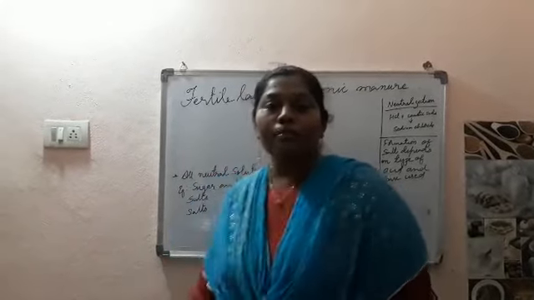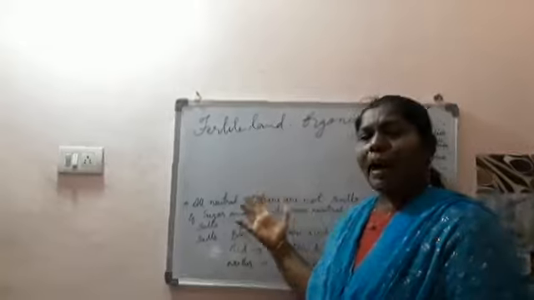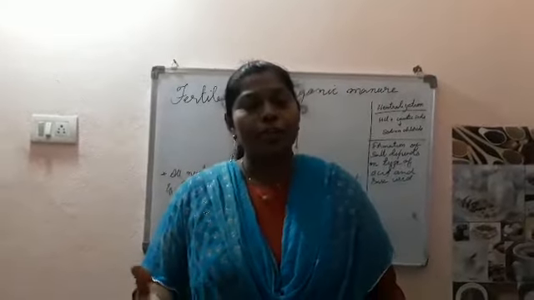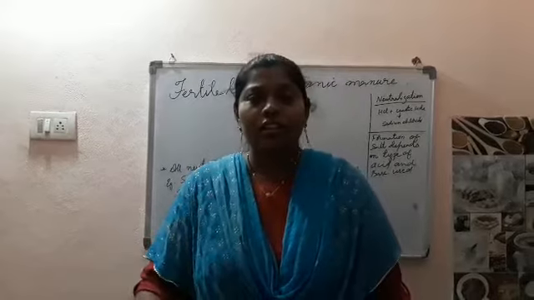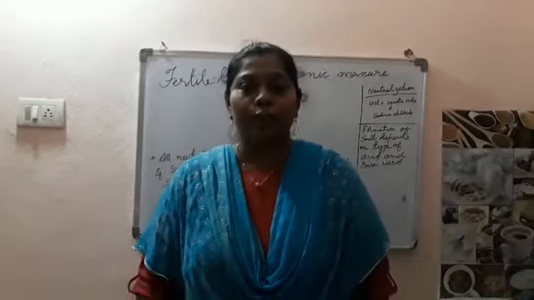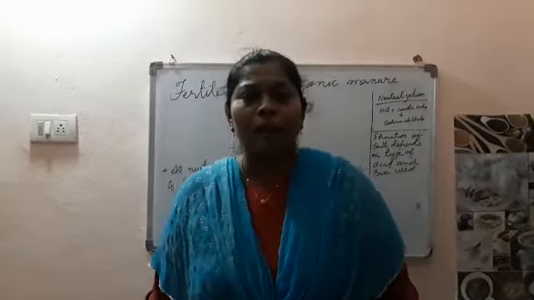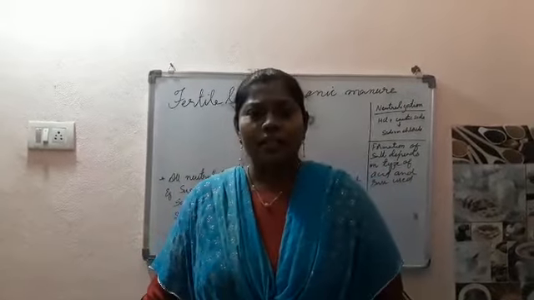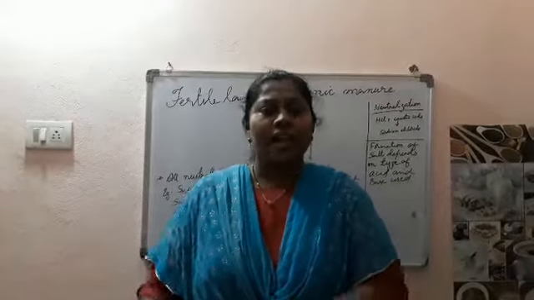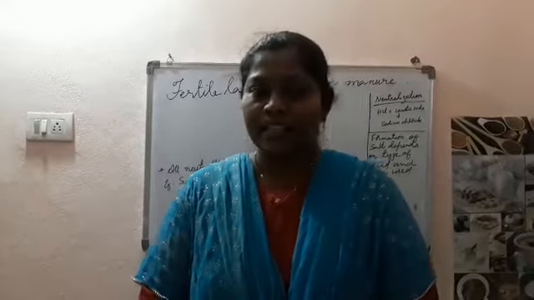It is nothing but the manure. So in the form of manures, the farmers are using man-made manures, not the naturally occurring manures. The naturally occurring manures are nothing but the waste of vegetables or the waste of animals. They mix them up and keep them aside and they are used as manure itself.